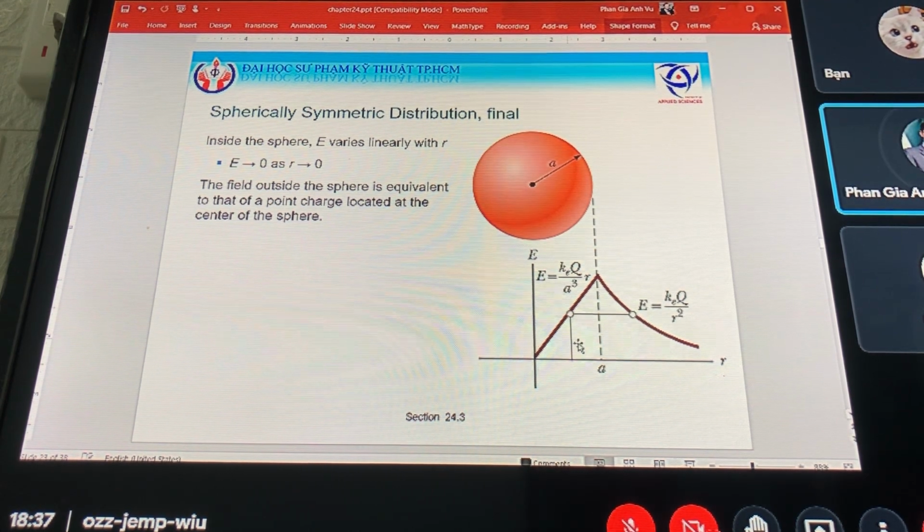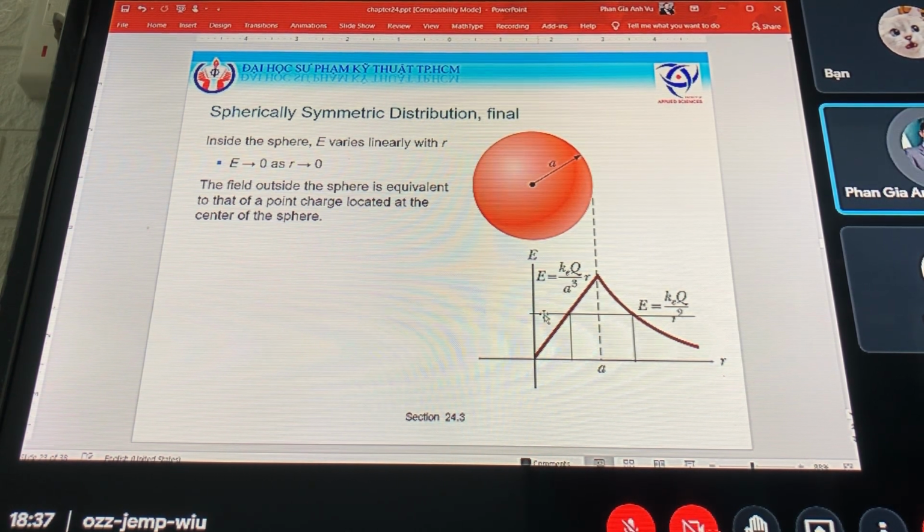You can see one point is outside the sphere, another point is inside the sphere, but the electric field can be the same, so we cannot say it without the calculation.